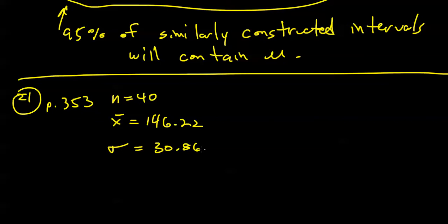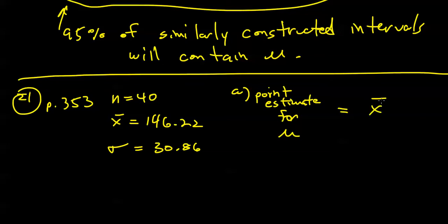Find the best point estimate for the population mean weight of all women. So I'll shorthand it like this: my point estimate for mu, where mu is the population mean weight of all adult women, is nothing more than the sample mean weight.